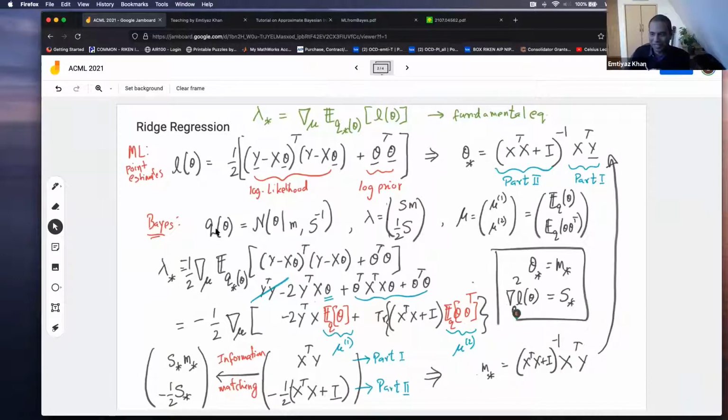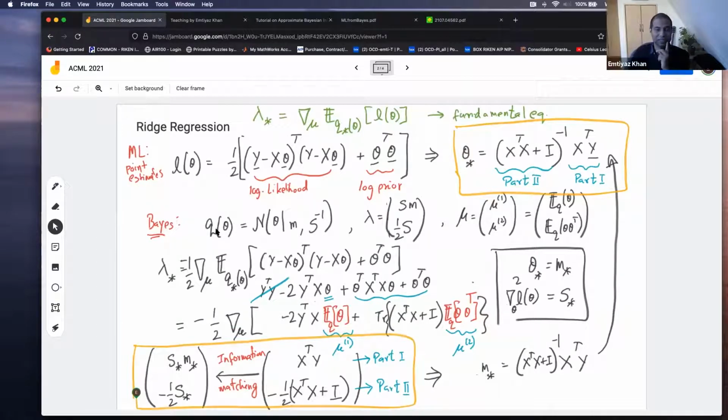And my hope is that you're able to see that parts of the solution that you get in the machine learning point estimate, let me highlight with yellow, in this yellow part, is somehow assigned in here. So a Bayesian viewpoint to see this is to say that the mean and the covariance of the Gaussian are being assigned appropriately.